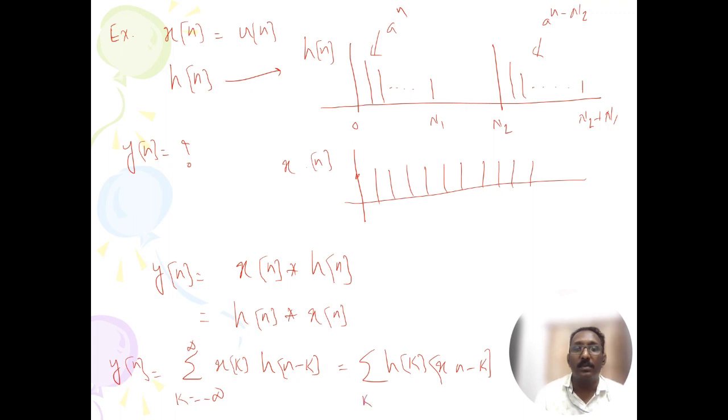Depending upon your convenience, you can keep either sequence constant, X of k or H of k. Here we will keep H of k constant and vary X of n.